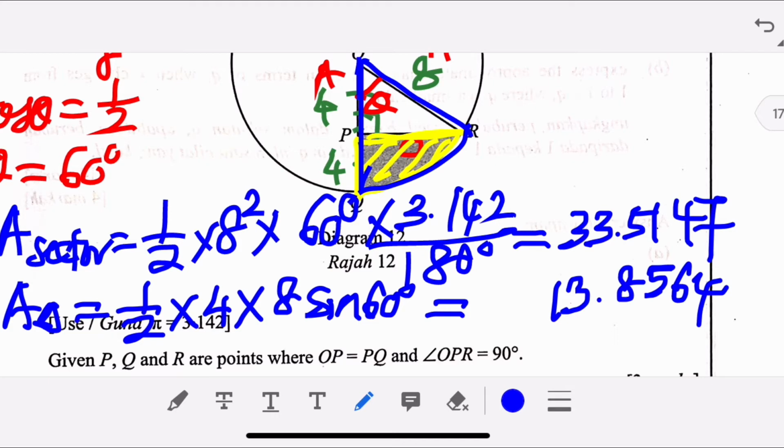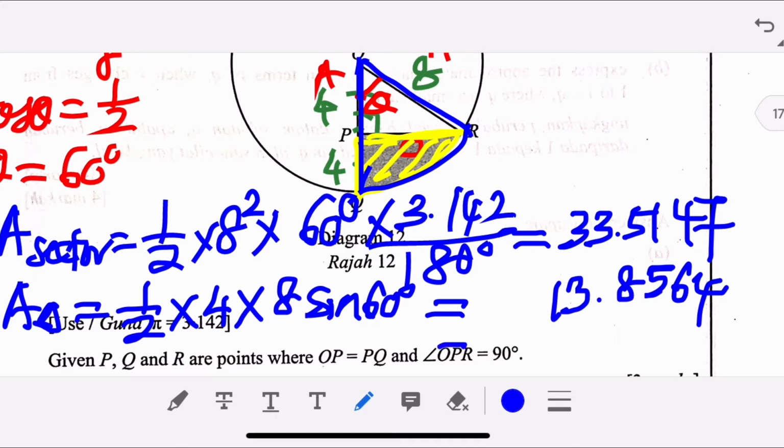13.8564. So that means the area for the shaded region is 33.5147 minus 13.8564. So the answer is 19.66.